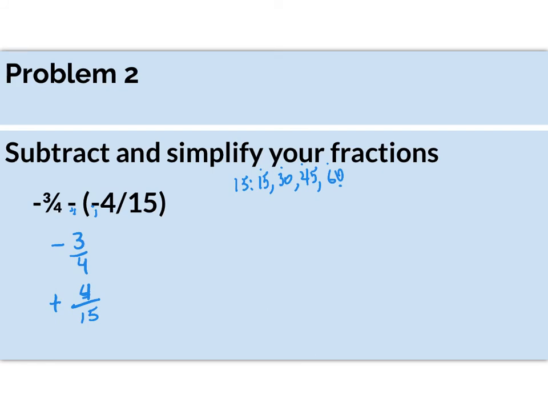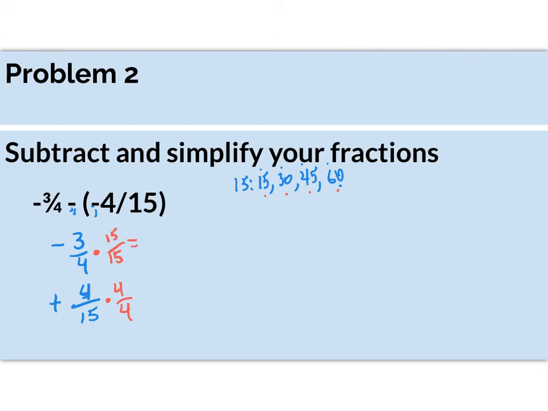And so how do we get to 60? Well, we're going to multiply by 4 over 4. And how do I know that? 15 times 1, 2, 3, 4 gets us to 60. And we're going to have to multiply the 3/4 by 15 over 15.